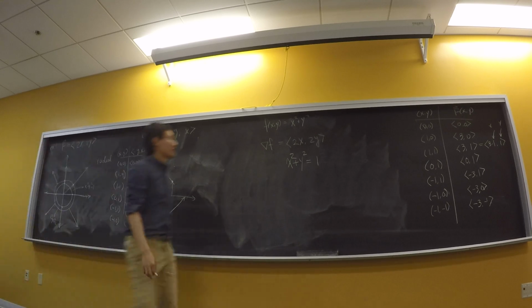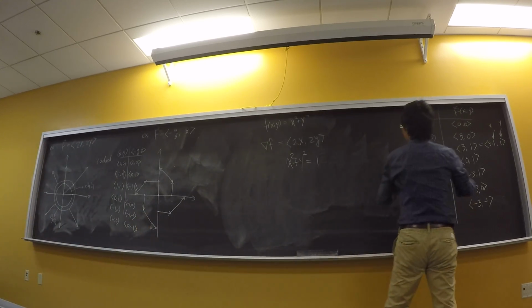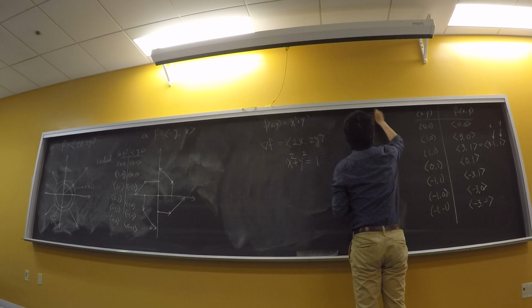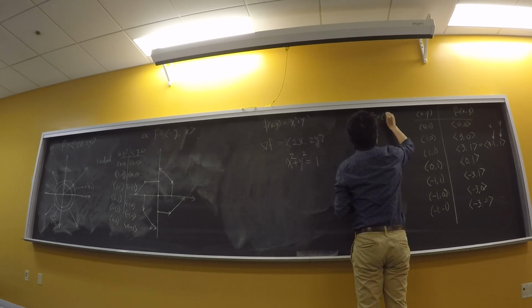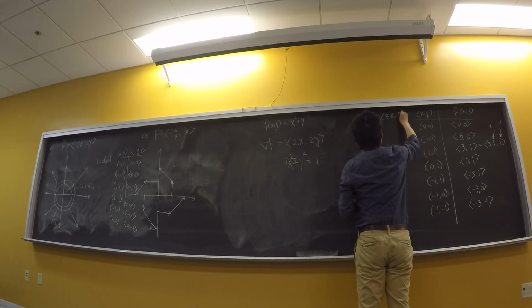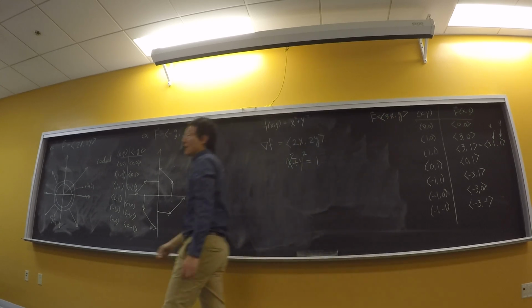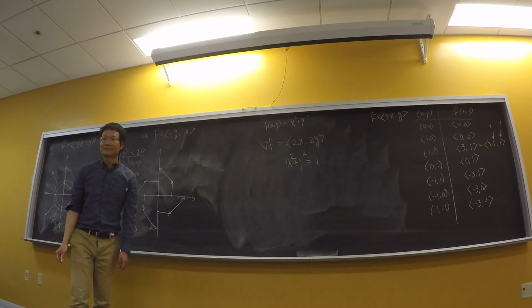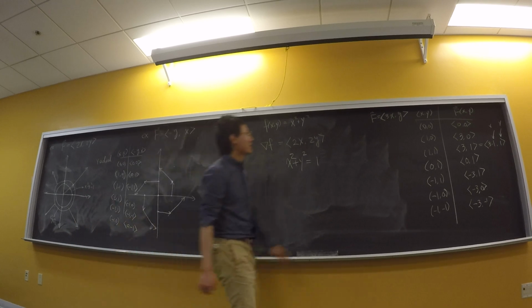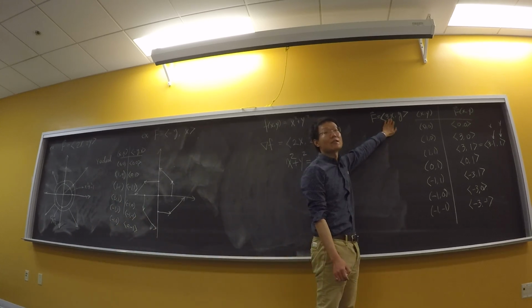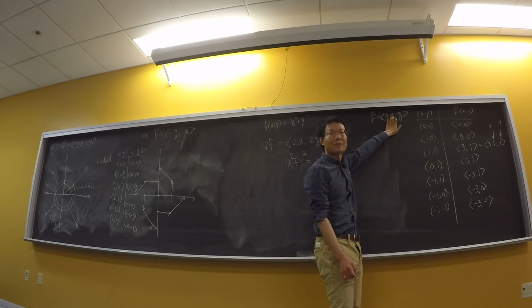If I look at the function we had before, f is equal to 3x and y, I'm saying this is also a gradient vector of some function. Can you give me the answer of the function?